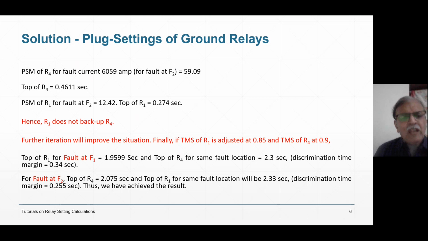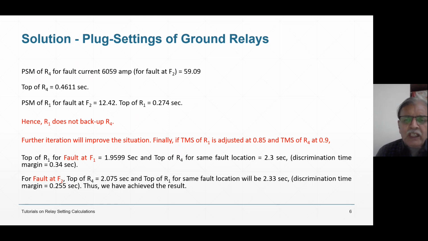You have to calculate it with a similar method, right? And top of R4 for the same fault location is 2.3 seconds. Taking 0.9, 2.3 minus 1.9599 is 0.34.